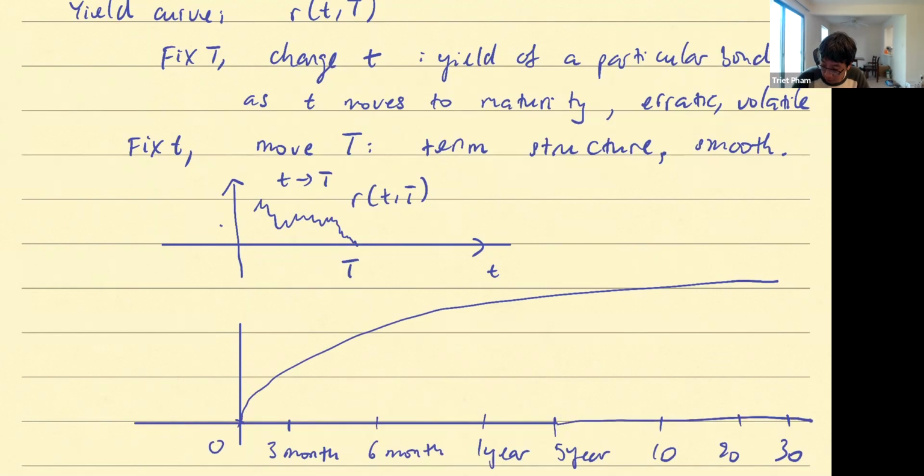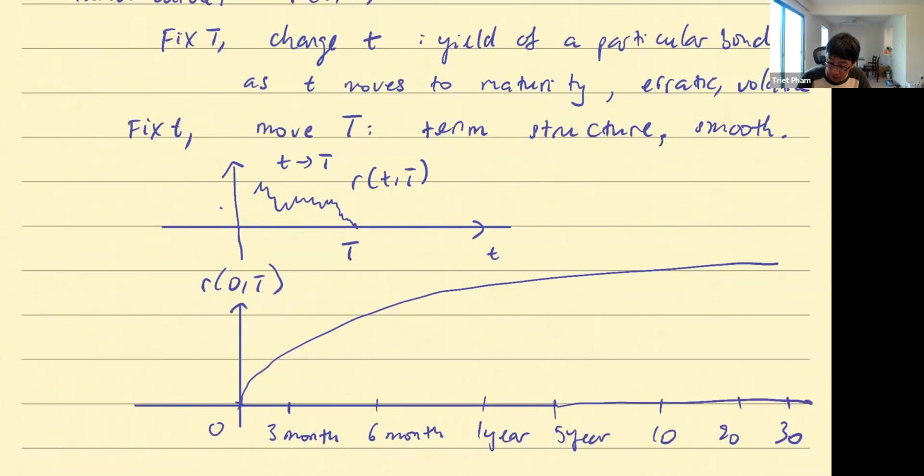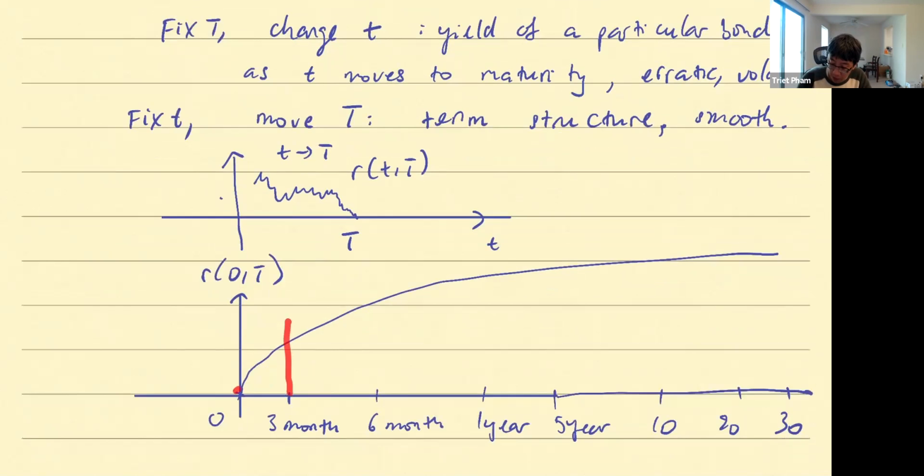Because what are we saying? This is R(0,T) as a function of T. This is exactly what you can borrow or lend if you look at 3 months out. This is what you can borrow or lend if you look at 6 months out. This is your yield, on average.